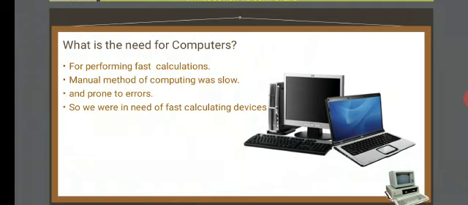For example, if humans want to do big calculations like 5-digit or 10-digit multiplications manually, it is very tough and we will do it very slowly, but using a computer it can be performed very fast. So all the calculations can be done very fast using the computer.